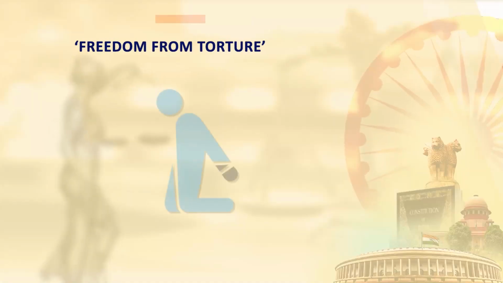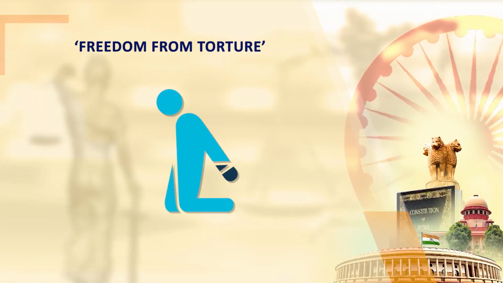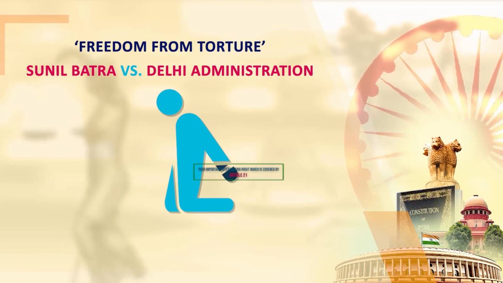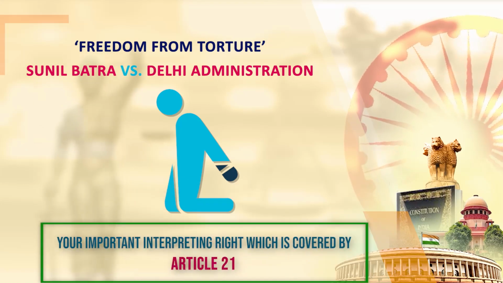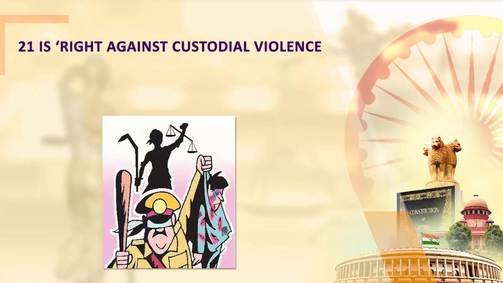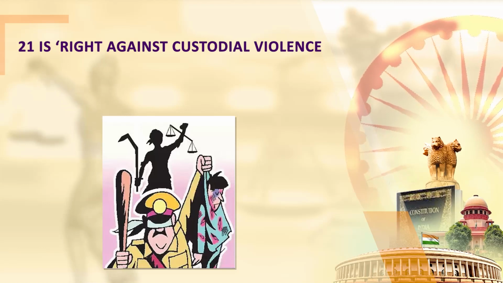We have another fundamental right, freedom from torture, in Sunil Batra versus Delhi Administration. It is a fundamental right under Article 21 of the Constitution of India. Another important interpreted right covered by Article 21 is the right against custodial violence.